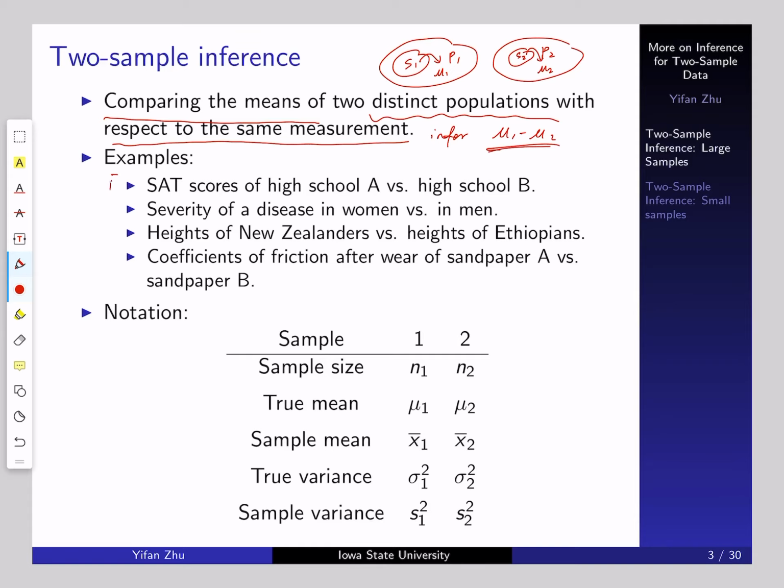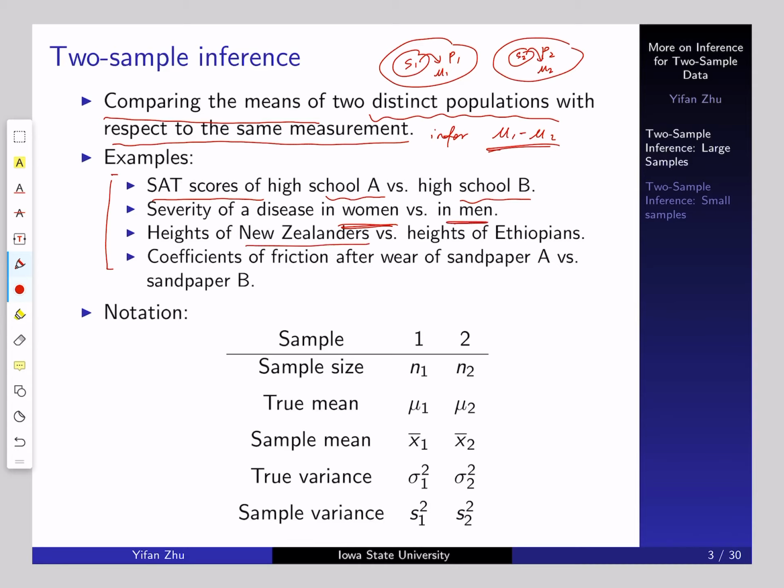So these are some examples for the two sample inference. SAT scores of high school A and high school B. So these are two populations. Severity of disease in women and in men.